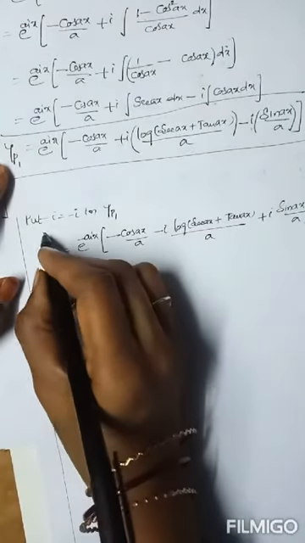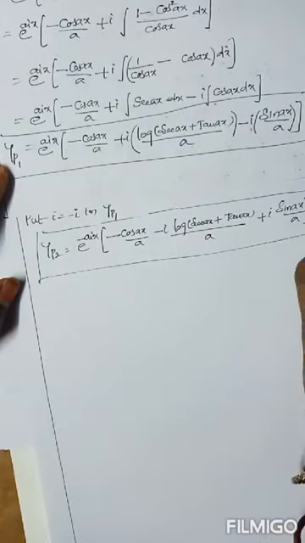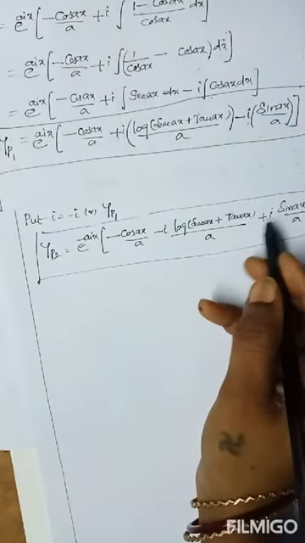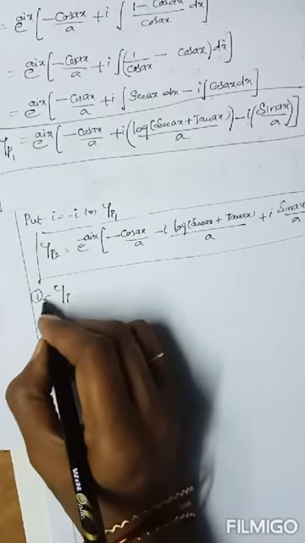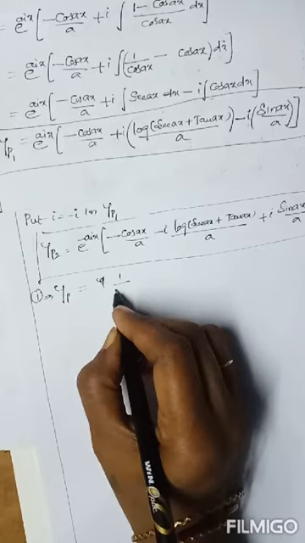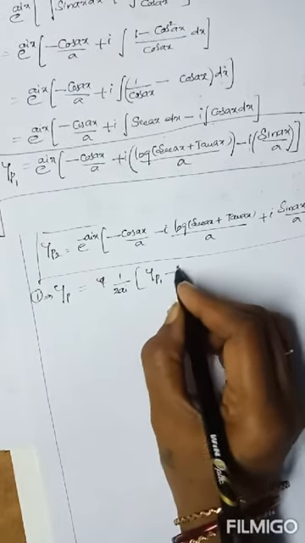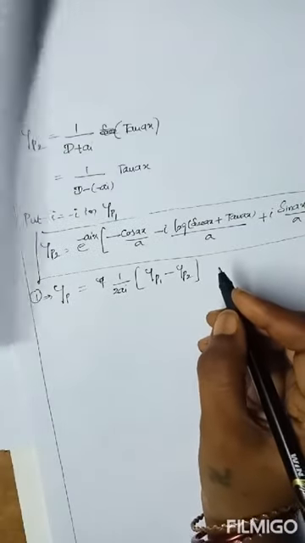After that, yp2 is also clear. Yp1 gives us equation number 1. Yp actually equals 1 by 2ai times yp1 minus yp2. Just write the two results.